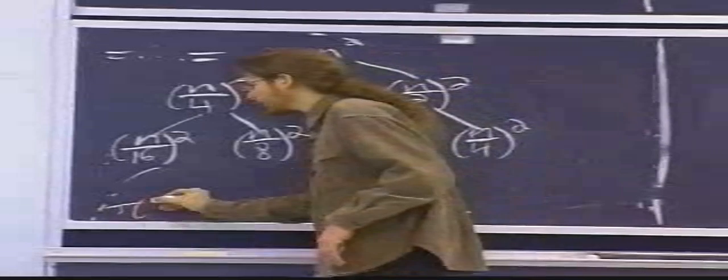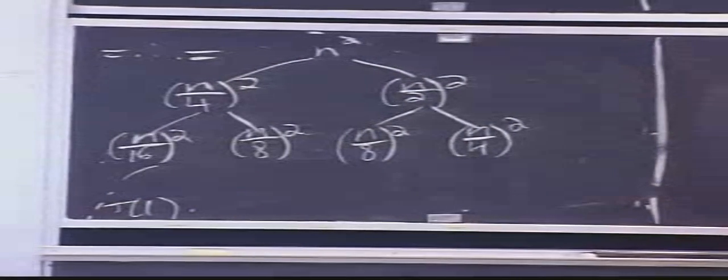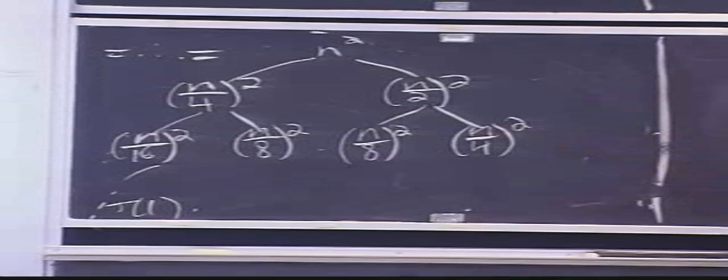Hopefully I haven't made any mistakes. Tell me otherwise. And it keeps going. At the bottom, you get T of 1. Eventually, you hit the base case. Then the algorithm terminates, and it takes T of 1 time.